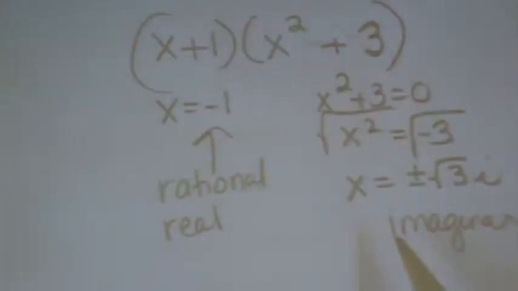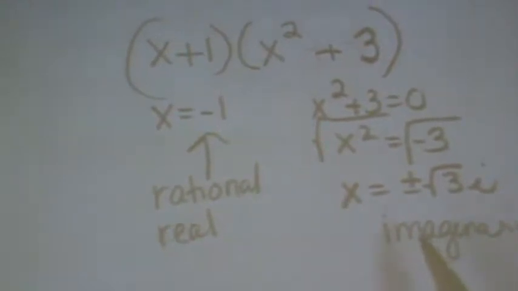Same with this problem. If it says find all the real zeros and you include this one, it's incorrect. It is incorrect if it's asking for only real and you include ones with a negative under the radical. These are not real. But if it says find all, that's real, which is irrational and rational, and imaginary.